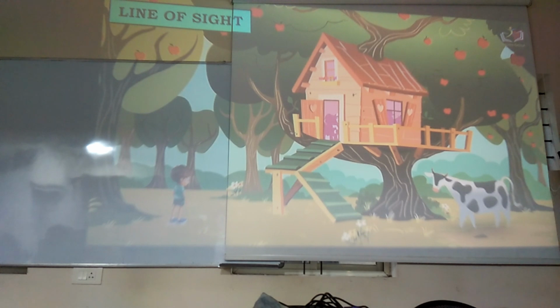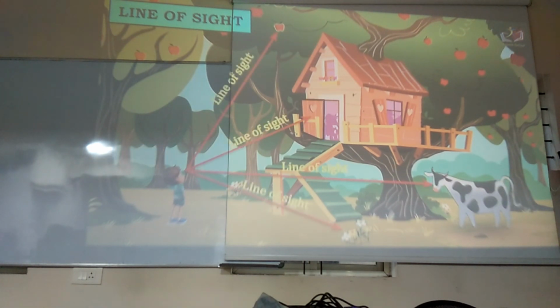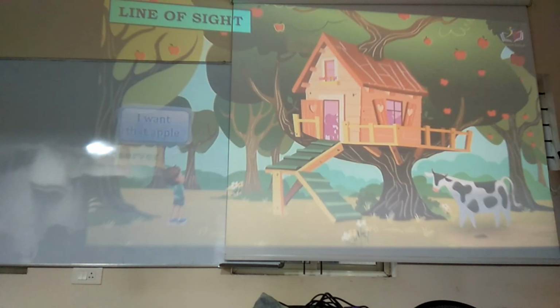Yes. Along with it, he wants to eat the apple. He is so hungry. He is looking at the apple out there. This is the object. This is the apple. There are too many apples out here. He is looking at one of the apples. So now you could have seen one thing. It is lifting up. Okay?